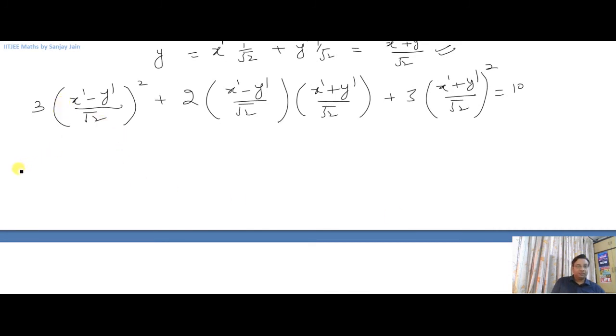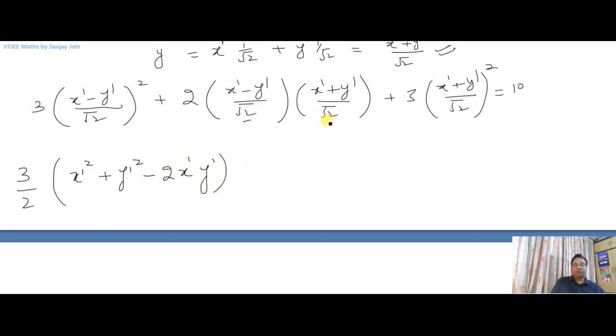So it is 3, root 2 squared is 2, so it can be written outside, 3 by 2, and this will be x dash squared plus y dash squared minus twice of x dash y dash.